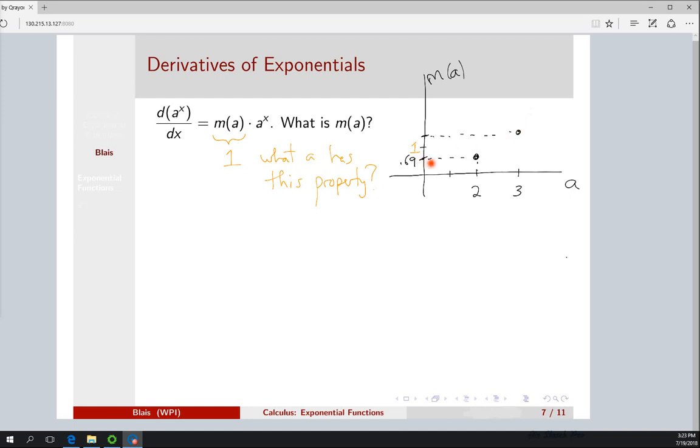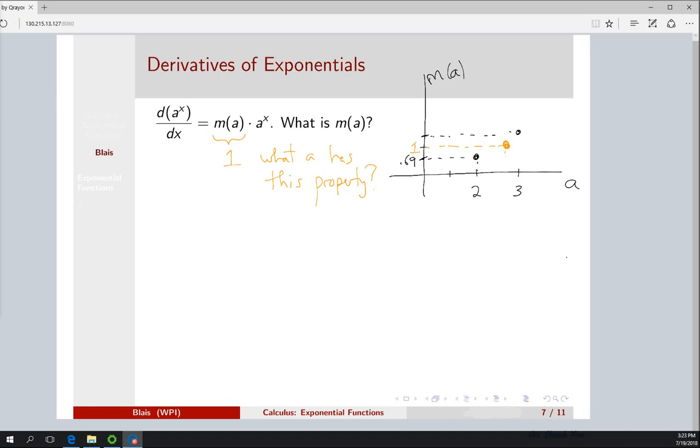We haven't defined it yet. But by the intermediate value theorem, there's going to be some x in this interval 2, 3 where this actually holds.